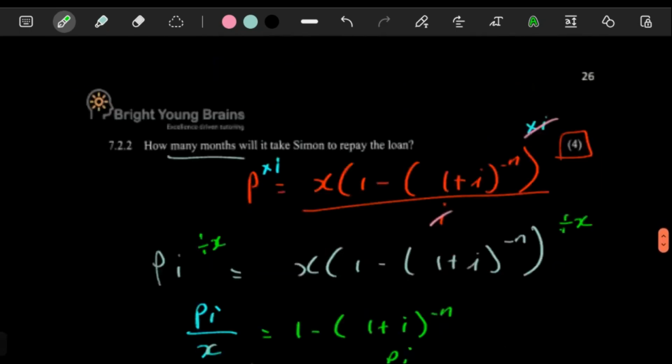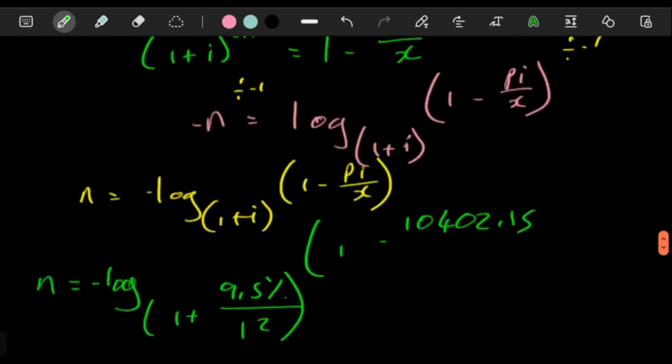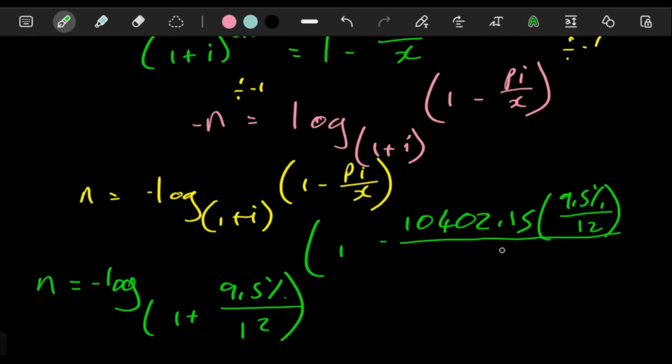You owe a bit more, which is this figure, 402.15, multiplied by the interest, 9.5% divided by 12. And then this is like x. What is x?